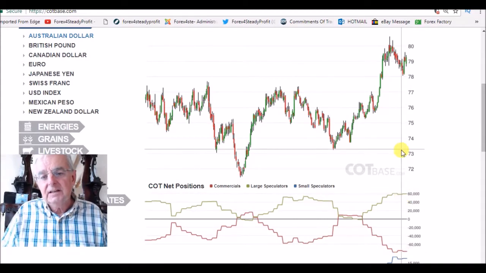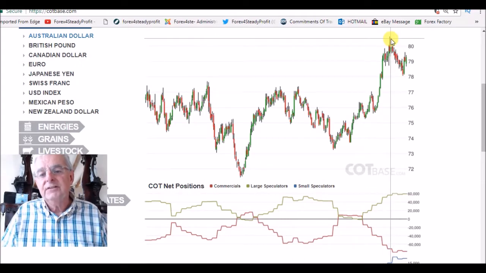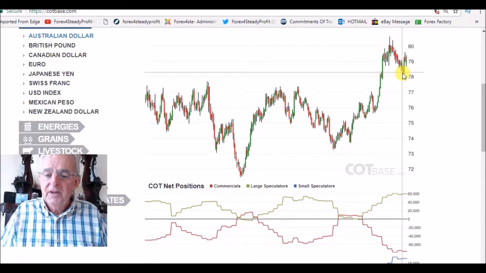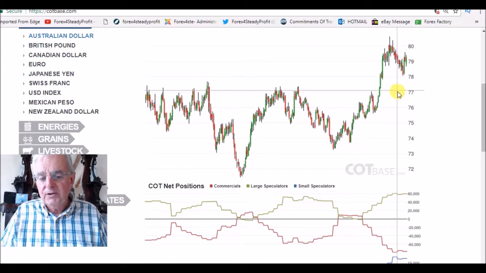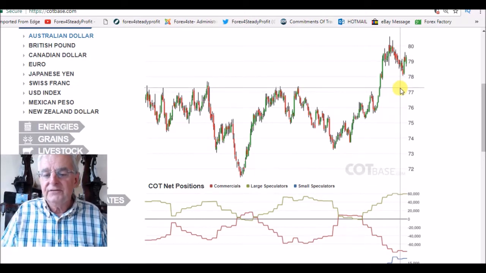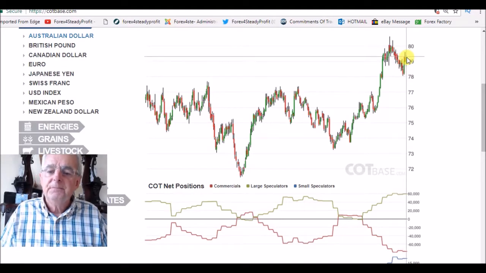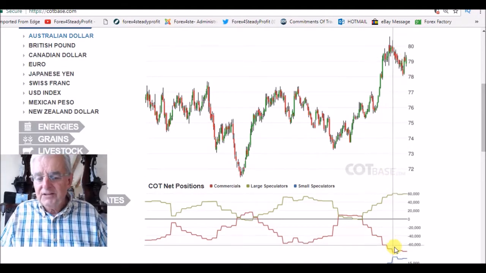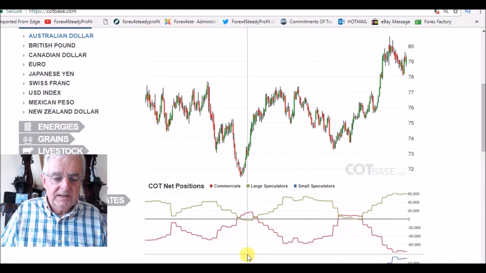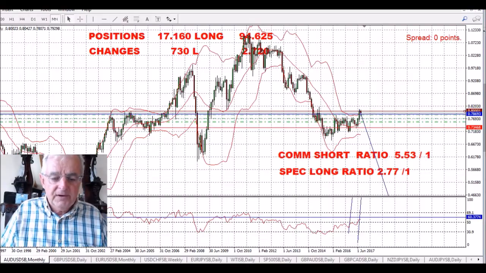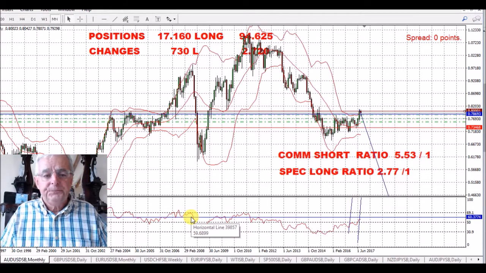We've actually seen the Australian dollar come off the highs, and the commercials got out of some of their shorts. We've popped back up, and they've actually put a little bit more short in. So we'll just pop over to the chart and have a look.